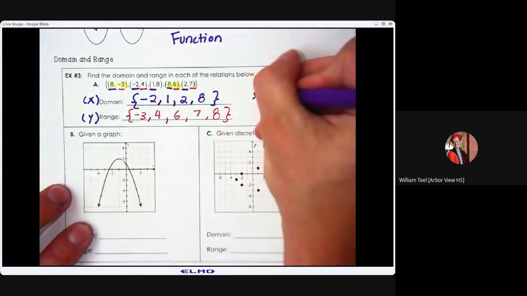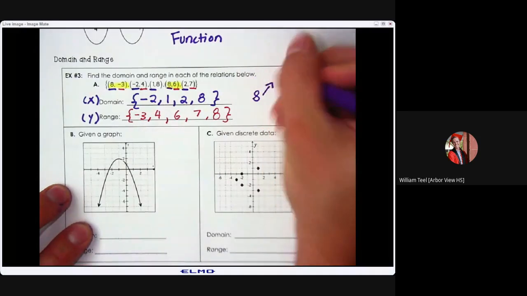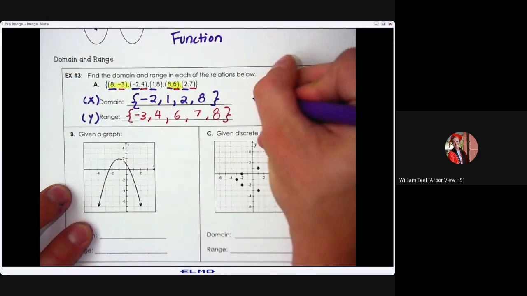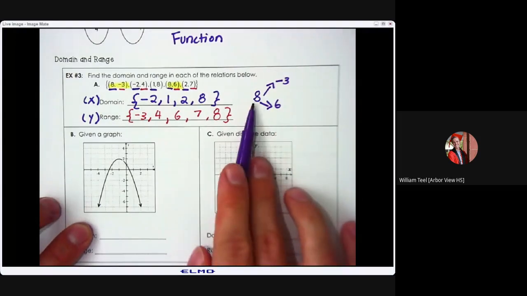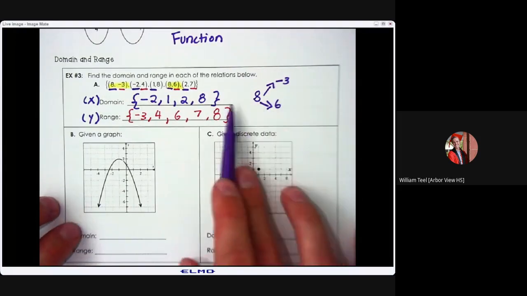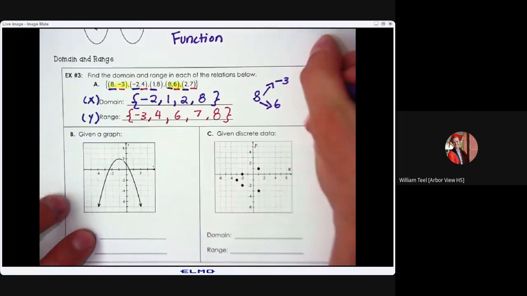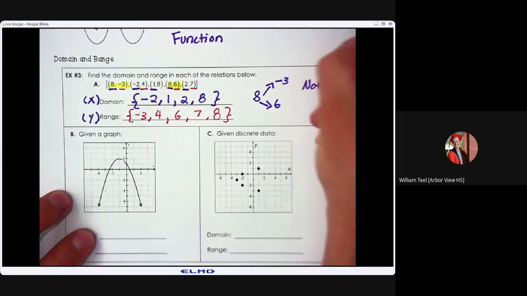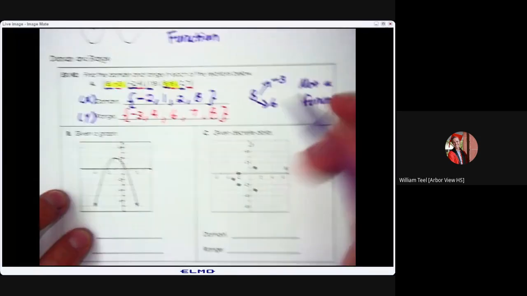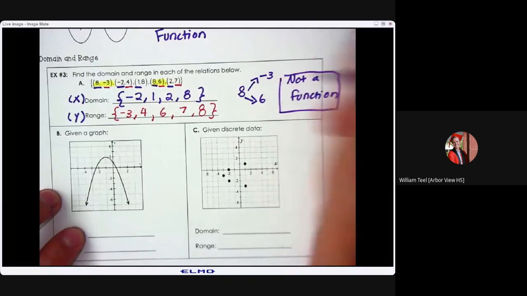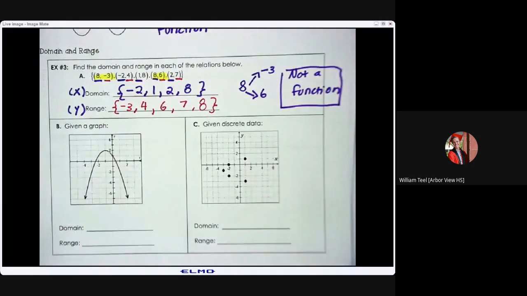So that means 8 has two outputs. 8 has an output of -3, and 8 also has an output of 6. Since this x value has two different y values, two different outputs, this relation is not a function. Mr. Teal cannot be at Starbucks and Chipotle at the same time. He can only be in one place at one time, so this is not a function.